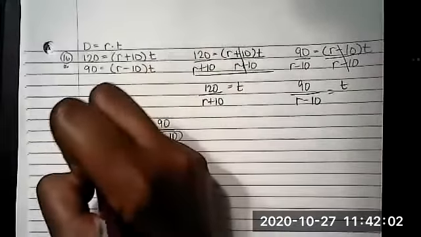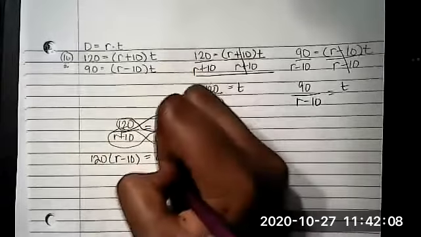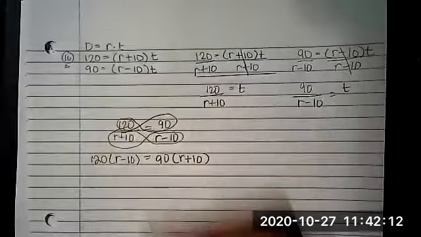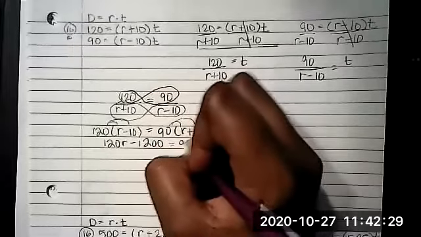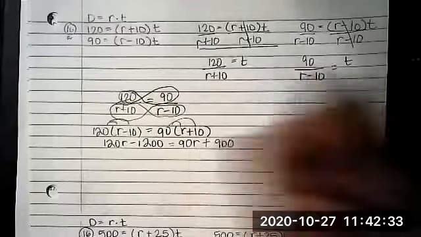Okay, 120 times R minus 10 equals 90 times R plus 10. Okay, distribute. This now becomes 120R minus 120 times negative 10 is 1,200 maybe? Yes. Okay. This one, distribute the 90. This becomes 90R plus 900.